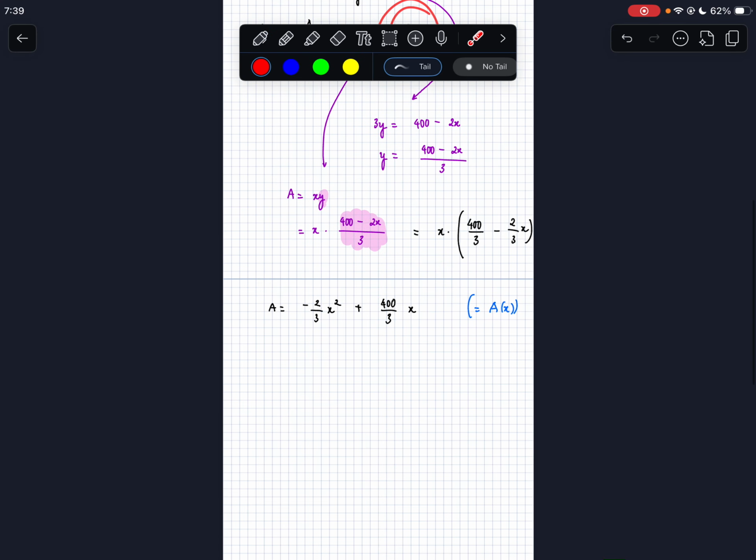So this means that we get the max for A on this interval. So find the maximum of A(x) when x is between 0 and 200.